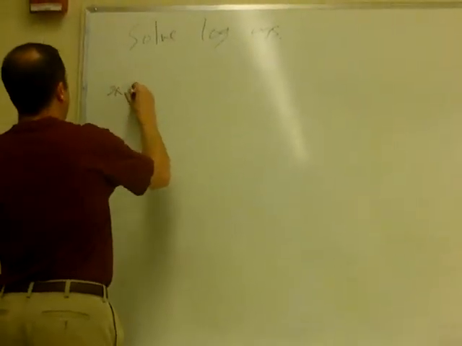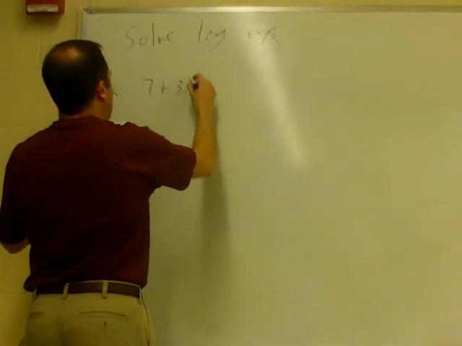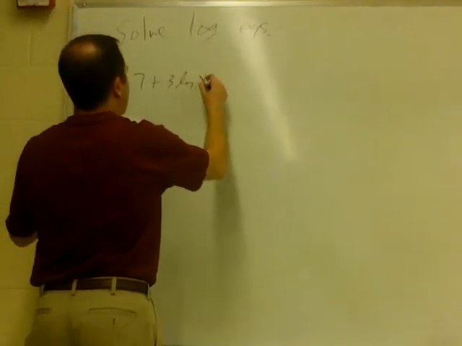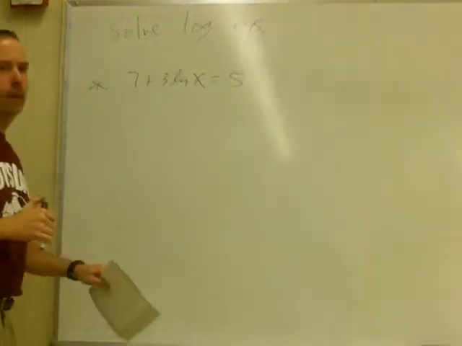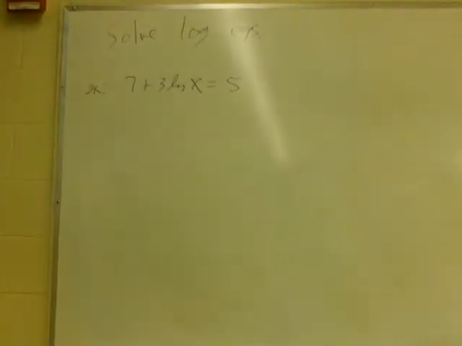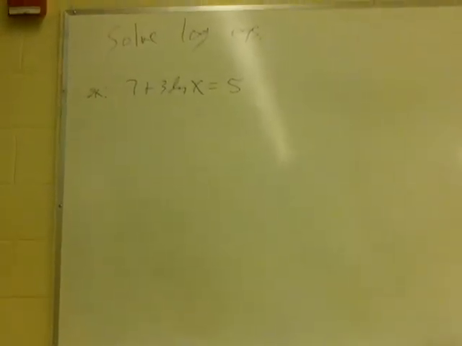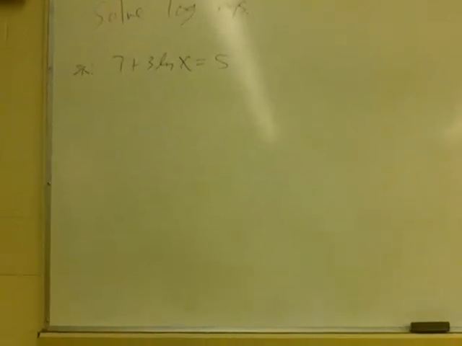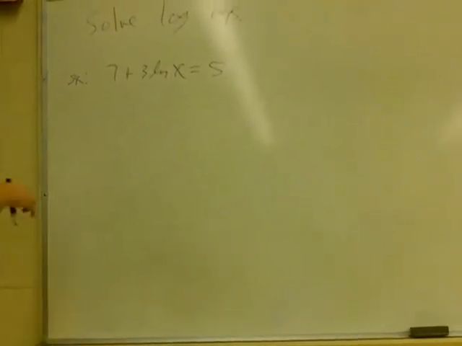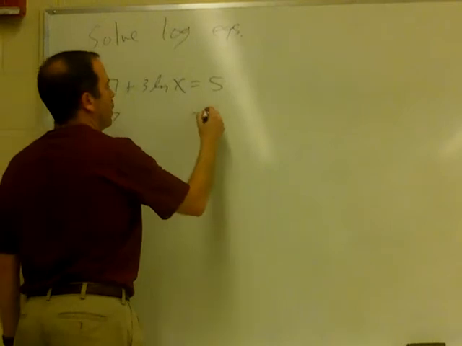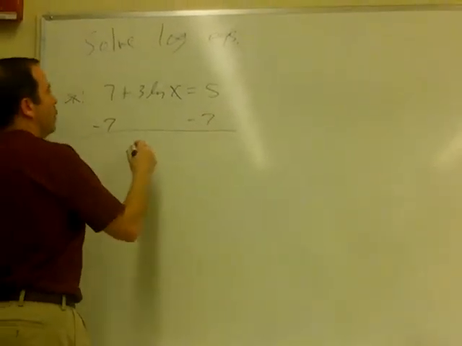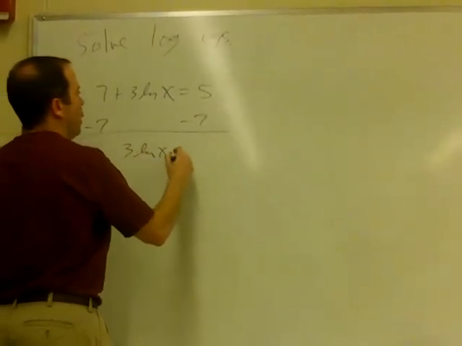7 plus 3 ln x equals 5. There's a pattern you should be noticing, kids. Subtract 7 again. So we get 3 ln x equals -2.